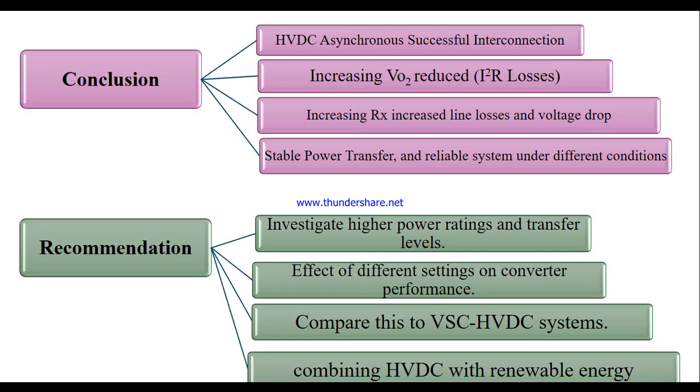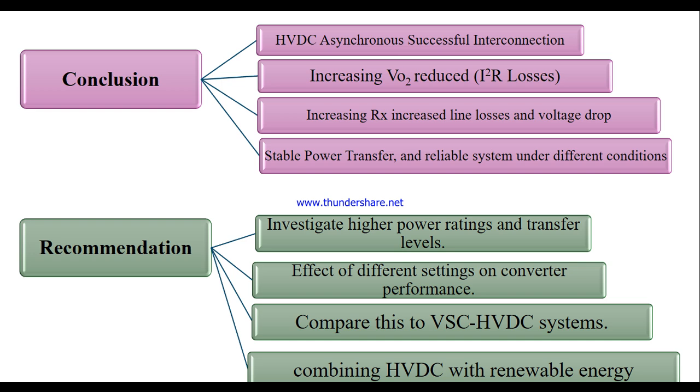Conclusion. Here we can see the conclusion. In the conclusion, we can say that the high voltage DC system successfully interconnected asynchronous AC networks with different frequency and voltage. Stable power transfer of approximately 100 megawatt was achieved.